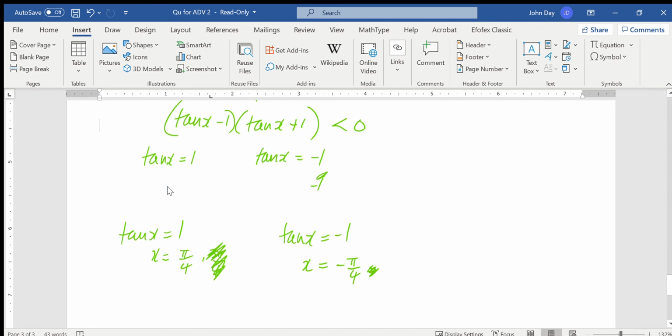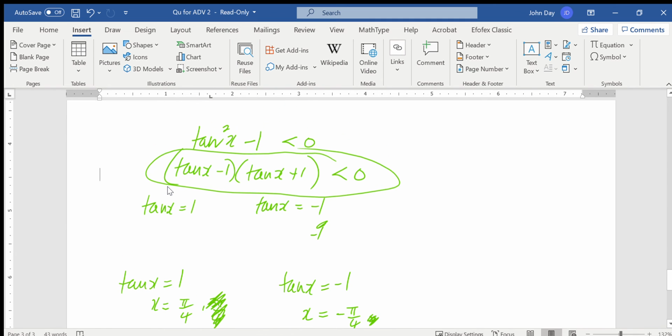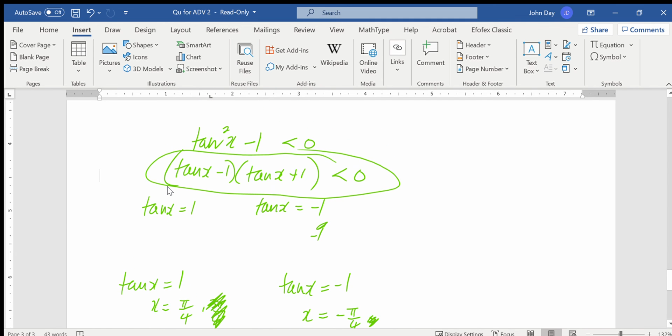Now let's just have a look at what I was talking about here. I'm talking about the diagram of tan squared x minus 1. What does that look like? Because it's got to be underneath the x-axis. So what do you think tan squared x looks like?